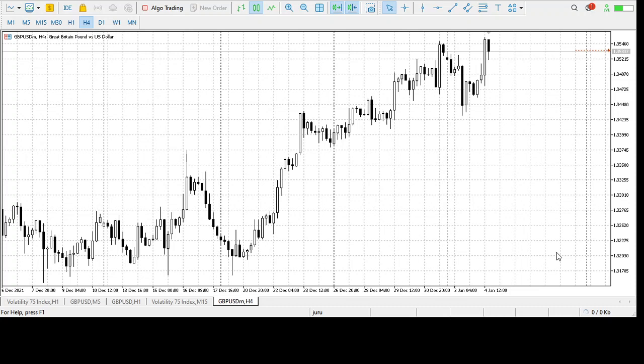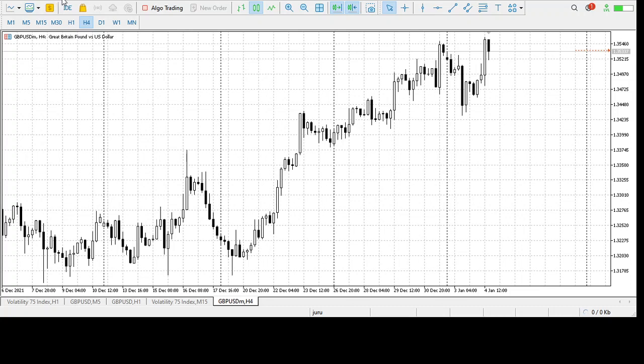The moving average that we are going to use in this video is the 50 moving average, which is the 50 period moving average. A moving average is a free indicator across all charting solutions. So this is MetaTrader 5.